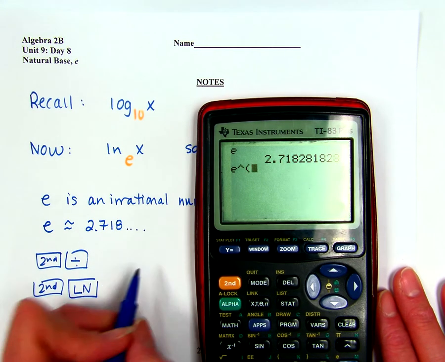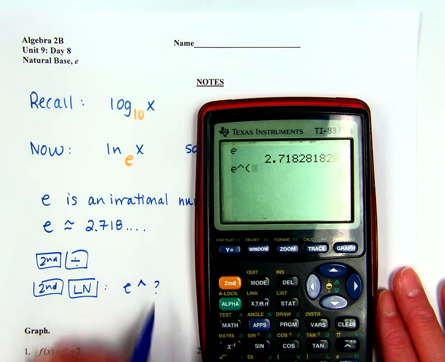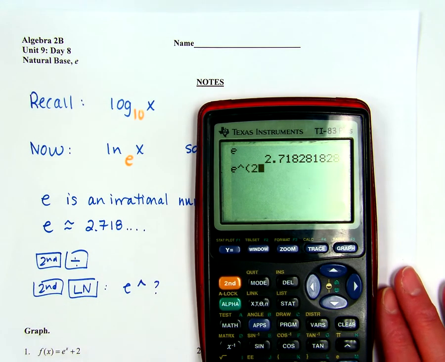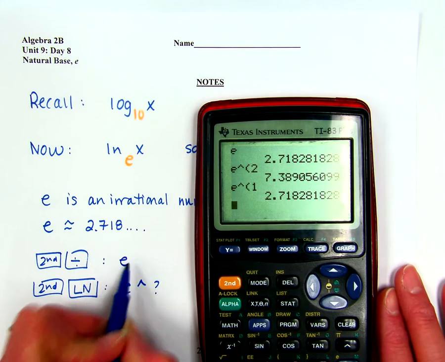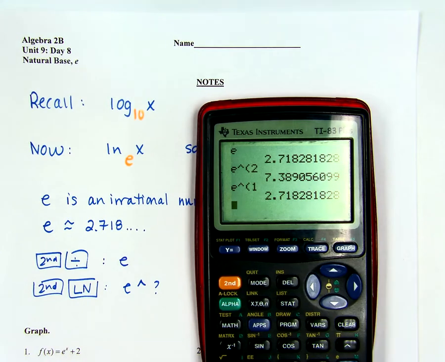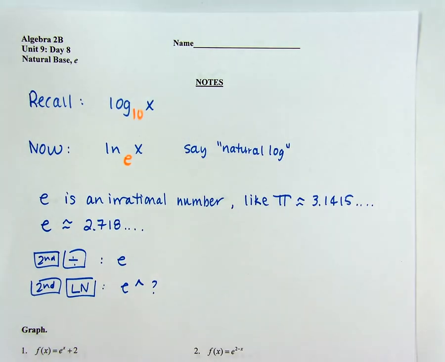And that'll actually set up for you to do E raised to some power, and then you could put in whatever power. So if I wanted to raise to the second power, or E to the first power, and so on. All right, this will just give you regular E. Okay, so we're going to do a whole bunch of different problems involving E, and we'll go through more details as we get to those problems.